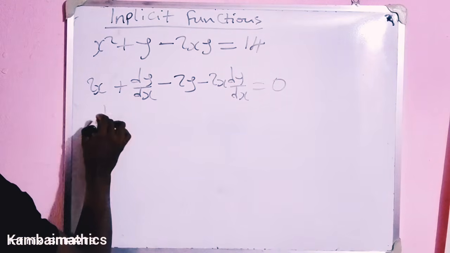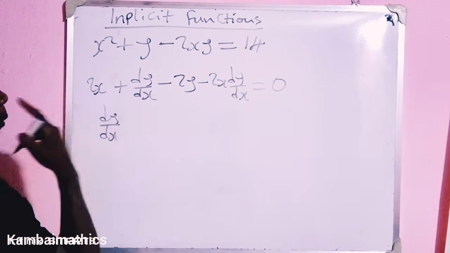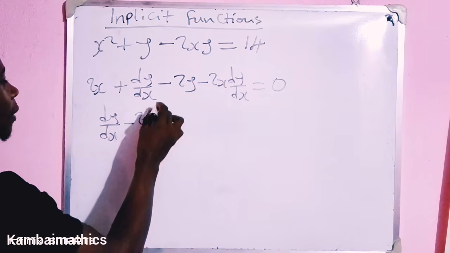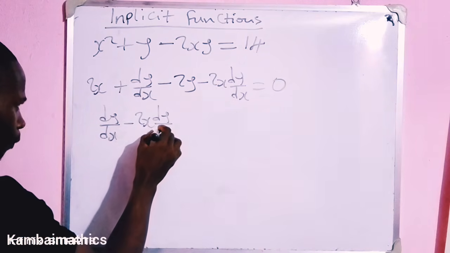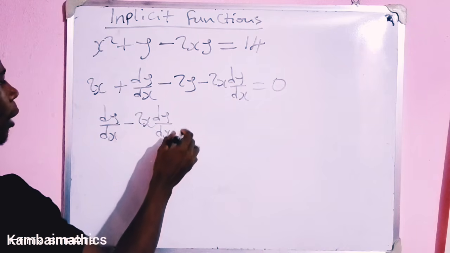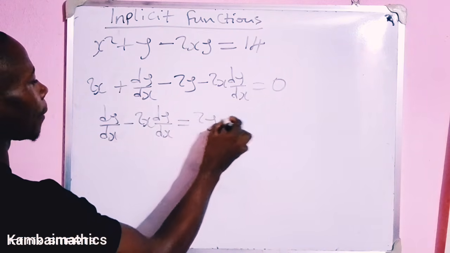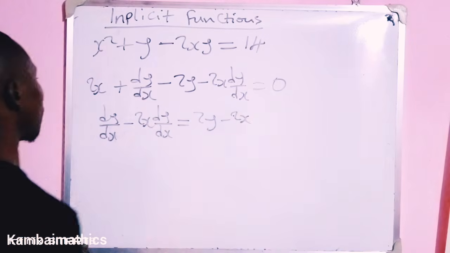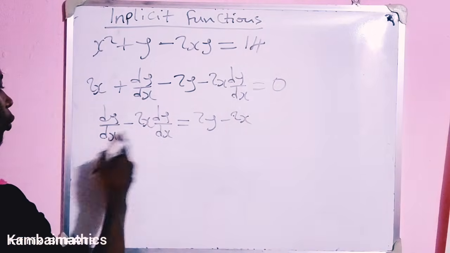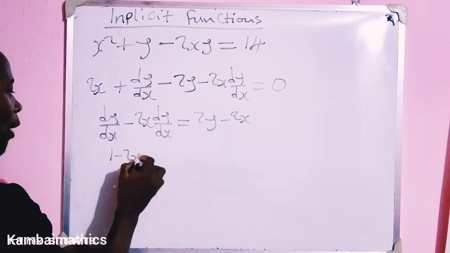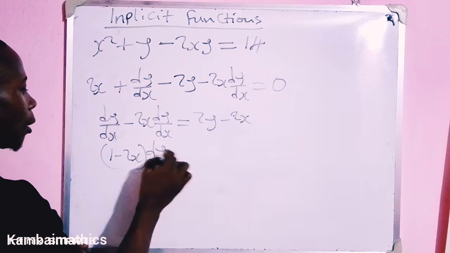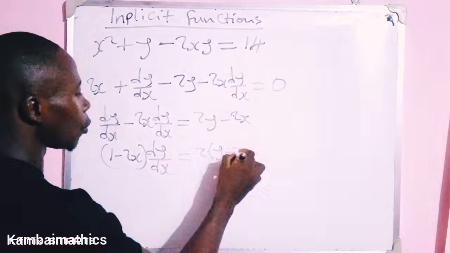So we have dy all over dx minus 2x dy all over dx, and this will be equal to plus 2y minus 2x. We can factor out dy dx here, which will be (1 minus 2x) in bracket dy all over dx is equal to 2 open bracket y minus x close the bracket.